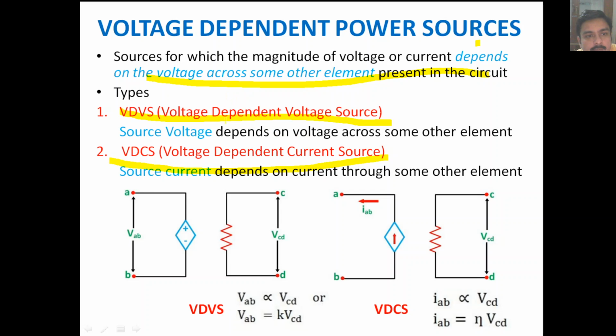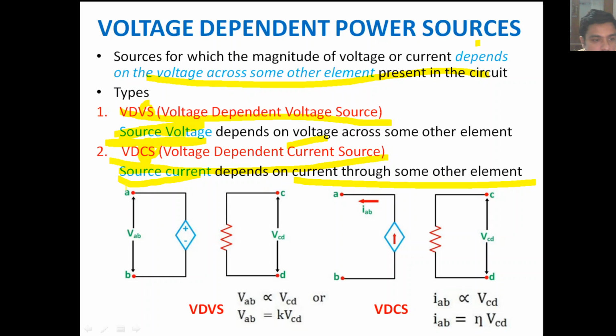In case of VDVS, the last letters say voltage source, so the source voltage will be dependent upon some voltage. In case of VDCS, the last letters say current source, so the source current will be dependent upon the voltage across some other element in the circuit.